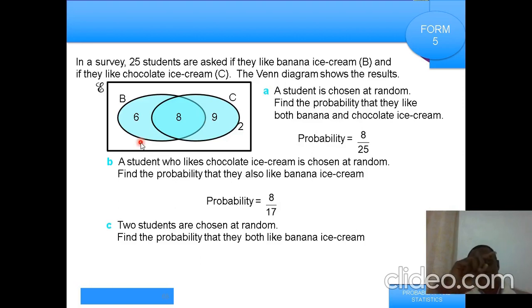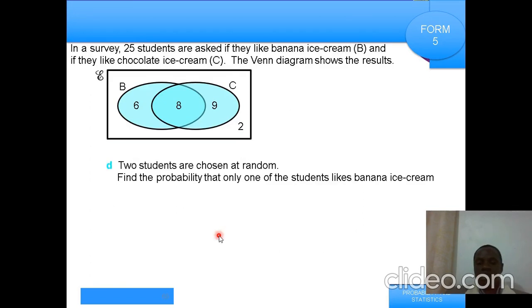So it should be B, B, isn't it? Liking banana ice cream and again liking banana ice cream. So it should be from this set here. So liking banana ice cream, 14 out of 25, then 13 out of 24. Then that is the total 91 out of 300 from the sets.